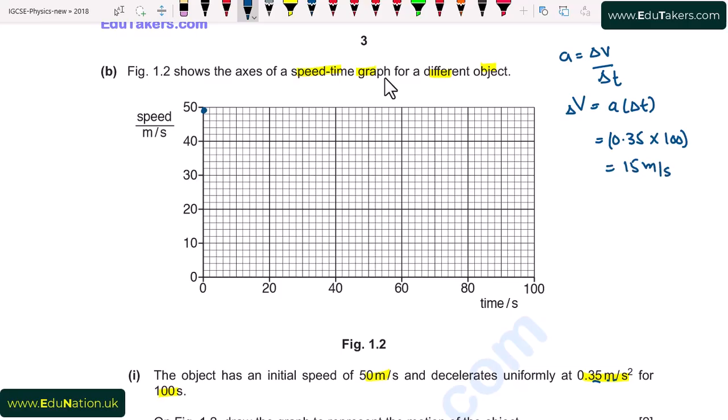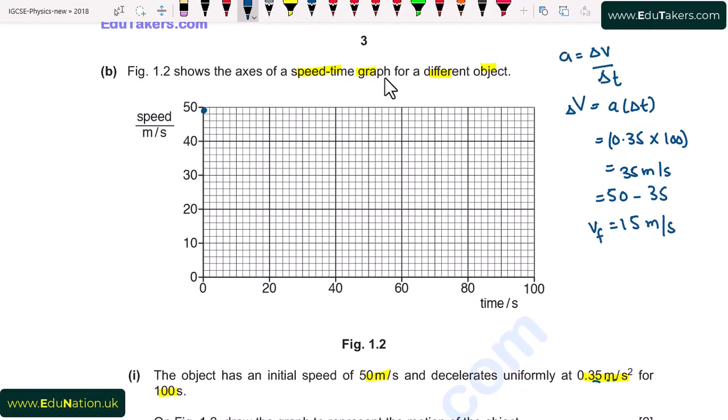We are given that it decelerates uniformly at this rate for 100 seconds, but its initial speed is 50. So we have to find out the final speed by subtracting. Now I subtract 50 minus 35 and the final velocity comes to be 15 meter per second.